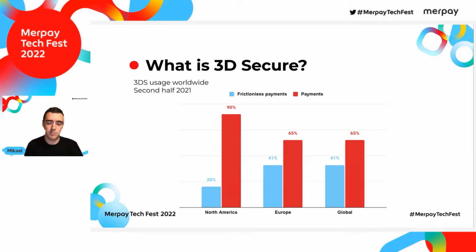Regarding frictionless payment, in North America, it's only 20%, but in Europe and globally in the world, it's 41%. So it's pretty good, but it's improving. The goal is to have more and more frictionless payments. That means that there is no challenge. The user doesn't need to do anything, right?